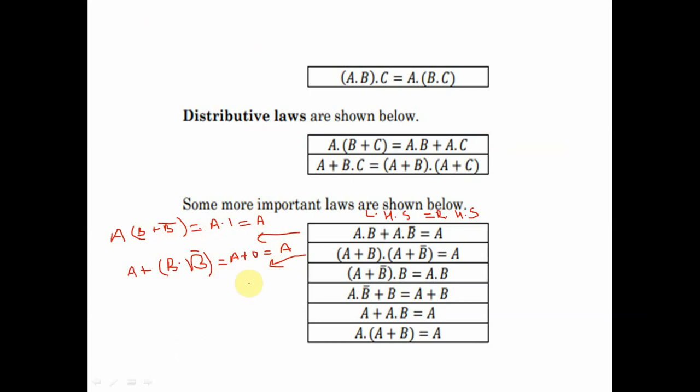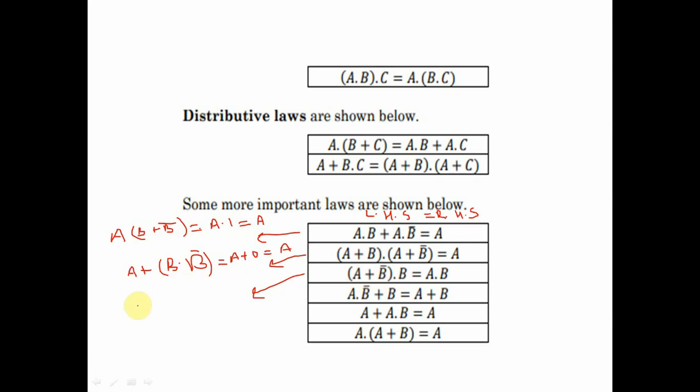Now I am taking the third example. In the third example, what is the LHS side? A plus B bar in bracket, dot B. So this B multiplies with this term.